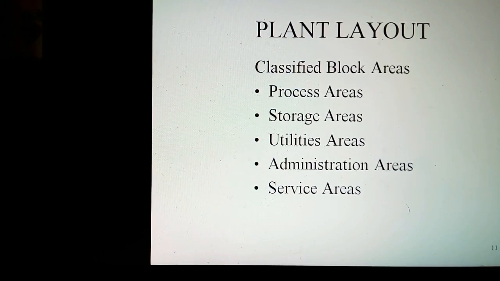Area arrangement in plant layout has classified blocked areas, such as process areas, storage areas, utilities areas, administration and service areas.